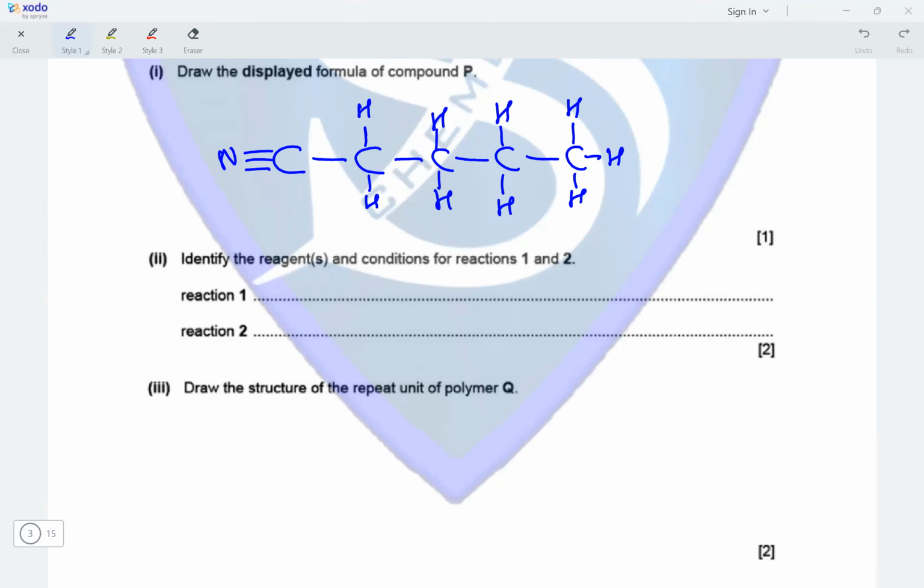Identify the reagents and conditions for reactions 1 and 2. Reaction 1 is the acid hydrolysis of the nitrile to produce the carboxylic acid. So the reagents and conditions are HCl plus H2O plus heat under reflux. And reaction 2 is dehydration.